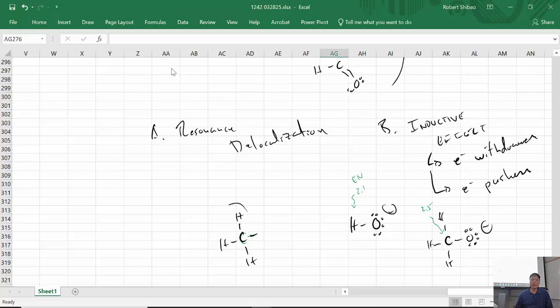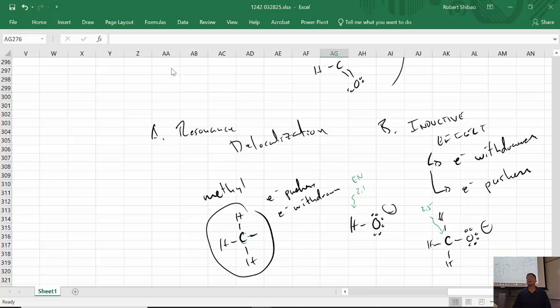If I have a methyl group versus a hydrogen attached to my oxygen here, is the methyl an electron pusher or electron withdrawer, or neither? In other words, is methyl electron rich or electron poor? You've heard of electron rich and electron poor before. How do we determine if something's rich or poor? What do we calculate?